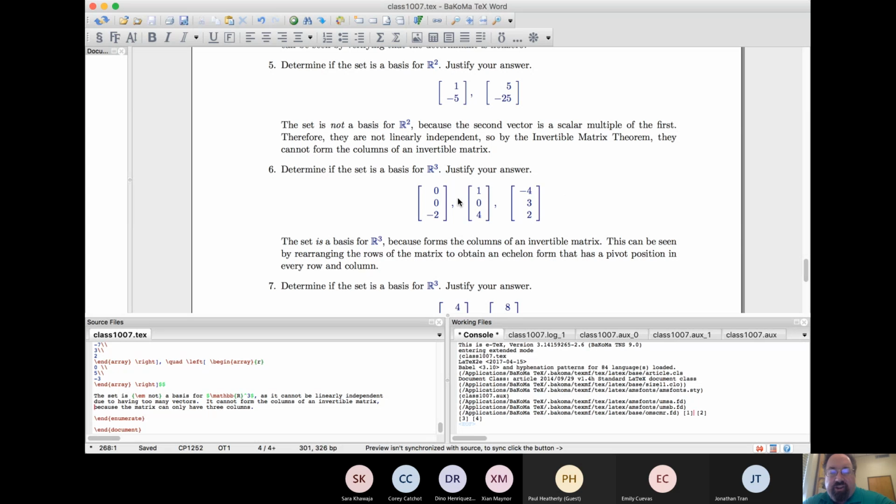Here, row interchanges are enough to determine that this set of vectors does form a basis. Last resort, use elimination to find the echelon form of the matrix. If it has a pivot position in every row, and therefore also every column, it is an invertible matrix. It is a basis.